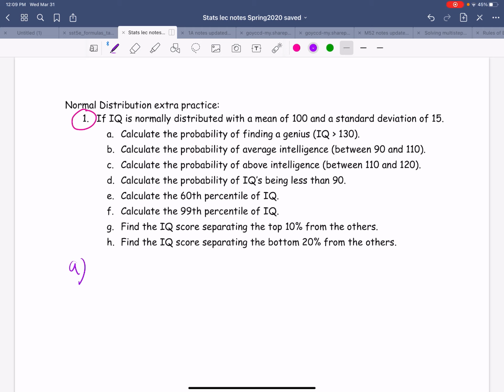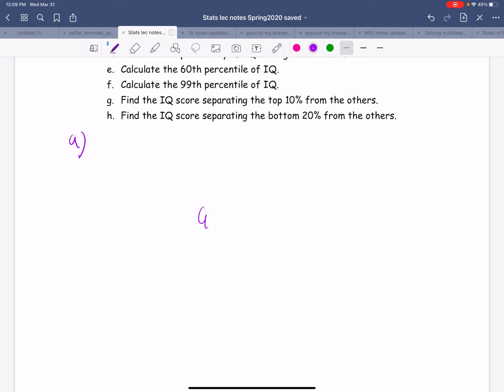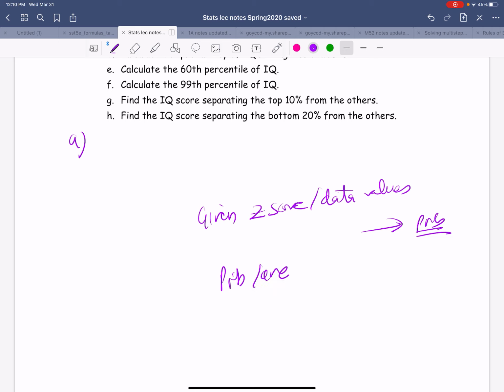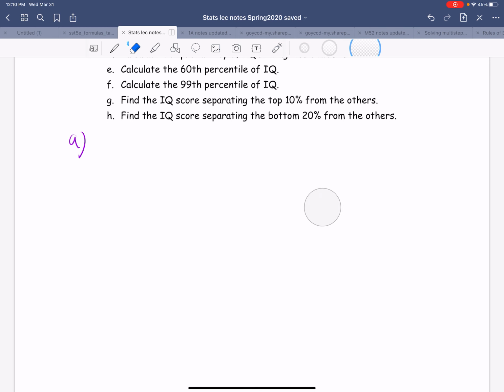One kind, you might be given the z-score or data value, and you're looking for probability or area, either to the left or to the right of the z-score or in between two z-scores. The second kind of problem is you're given the probability or area and you're looking for the data value. So for that, you first have to find the z-score, and then from there use the z-score formula to find the data value.